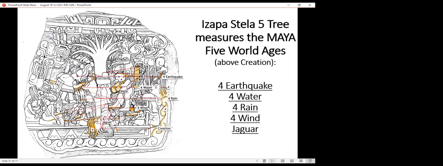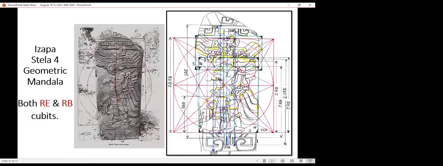When we look at that tree trunk, and that gnarled lower half of the tree, very interactive with the figures on both sides, it is the World History Tree. Now we have other illustrations documenting that the measurements of that world history follow our cubit measures. We're not just guessing on the tree trunk. It's a precision detail.